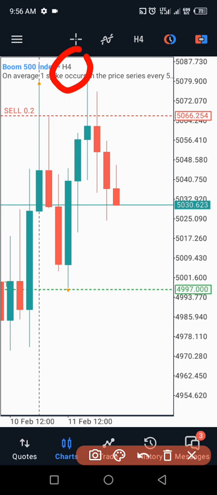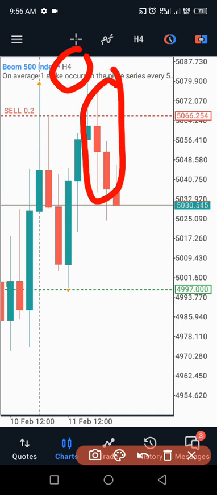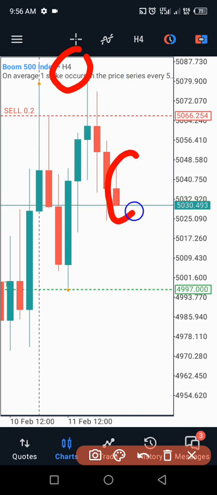So I'm going to head over to my chart now, so you can see that we are on the 4-hour time frame. All right, and we have already taken two sell candles on the 4-hour time frame, and this is the fourth, or rather the third candle. All right, and so our take profit will be somewhere around here.